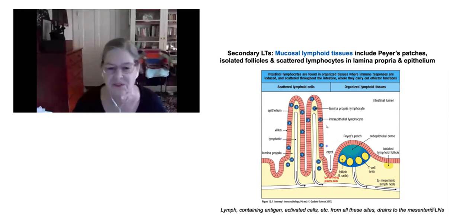Anything that's wet, just think of it that way. So you've got the epithelium, and then the underlying is called the lamina propria, and that together is going to be kind of like your mucous membranes, I guess you could say, your mucosal lymphoid tissues.